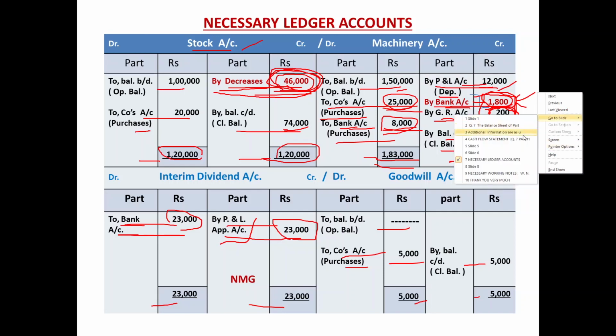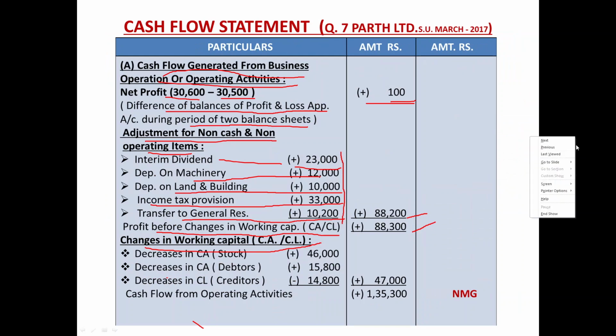46,000. Negative relationship. You know, decrease in CA, increase in cash flow. So decrease in CA, namely stock, increase in cash flow, plus 46,000. Then decrease in CA, namely debtors, increase in cash flow, plus 15,800. Then creditors. Decrease in CL, creditors, decrease in cash flow, positive relationship, 14,800.